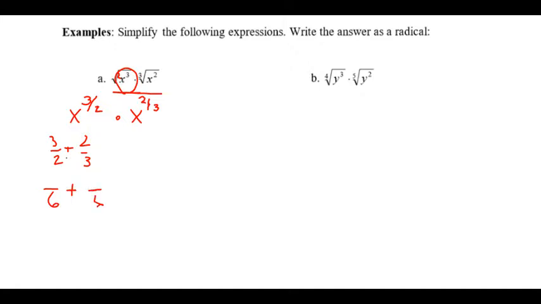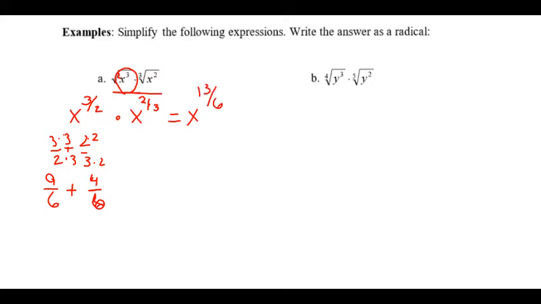So I multiplied this by 3, I'll multiply this up here by 3, so I get 9/6. 2/3, I multiplied this by 2, so I'll multiply that by 2, and I get 4. So I have 9/6 plus 4/6, which is going to equal x, because I'll keep that, to the 13/6 power.